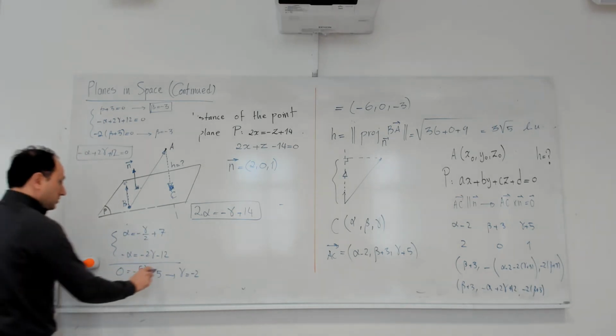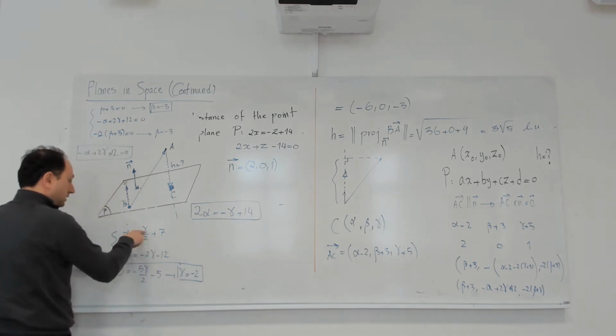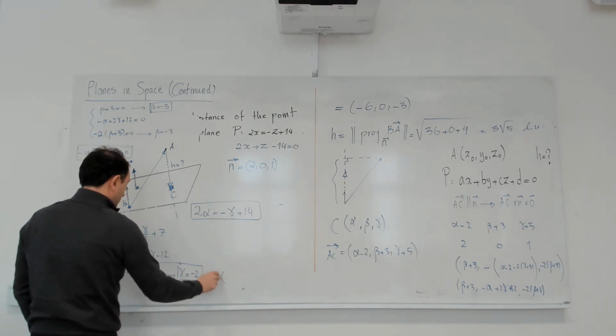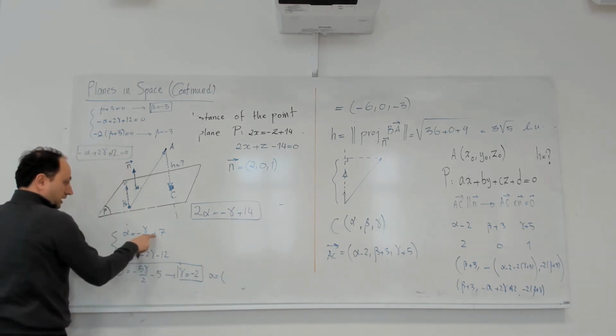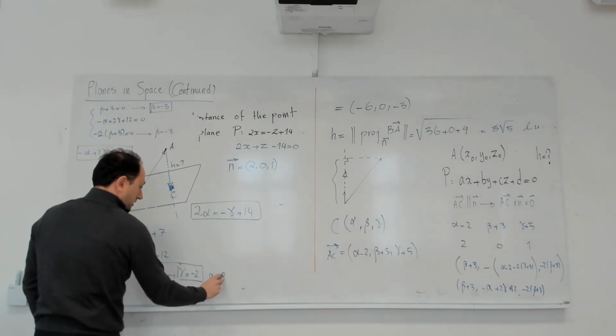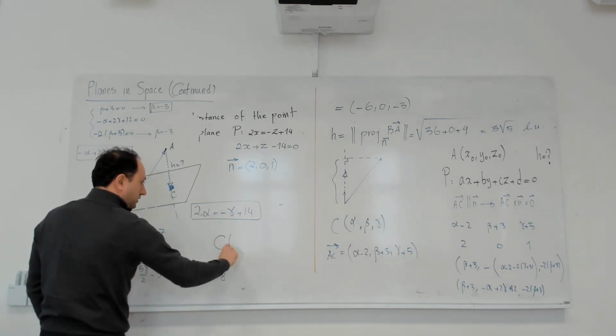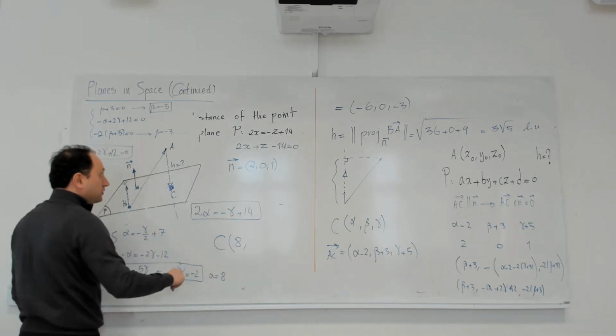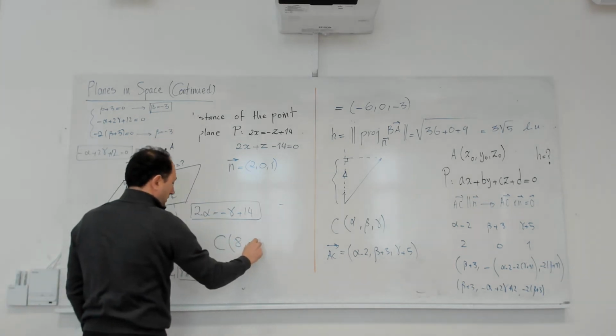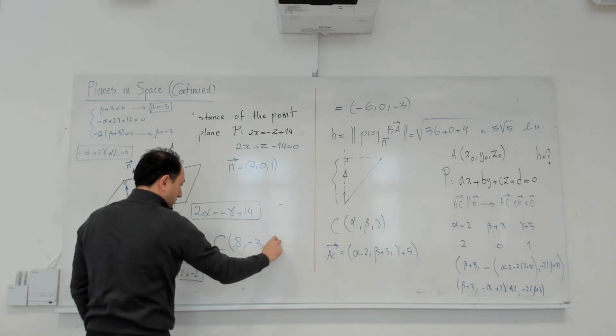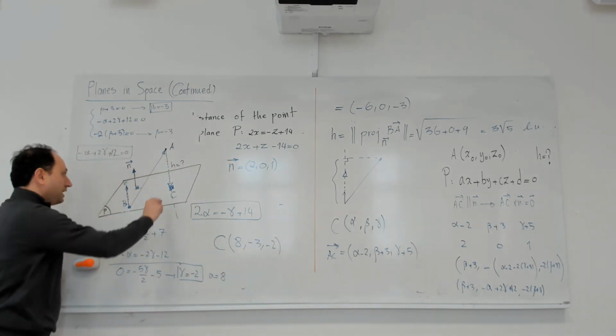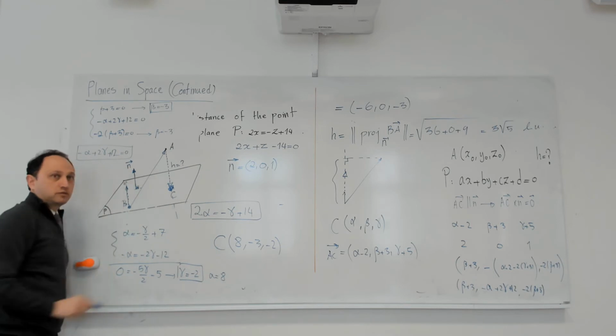And gamma is minus 2, you put it here, alpha becomes what? 8. And then finally your point is what? Alpha is 8, if I have done my calculations right. What was beta? Beta was minus 3, and what is gamma? Is minus 2. So then we were able to find finally this point.